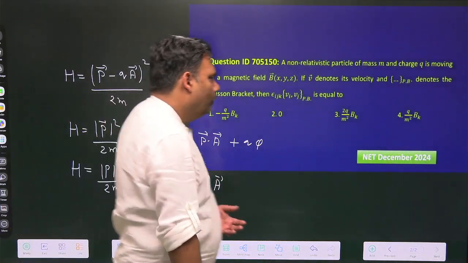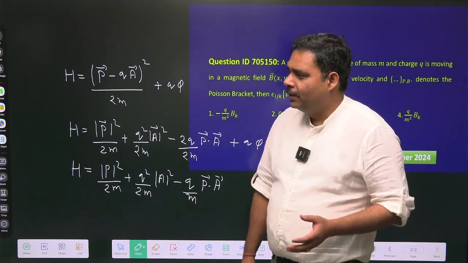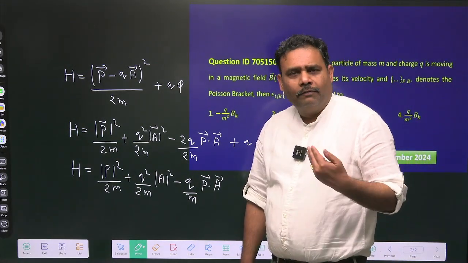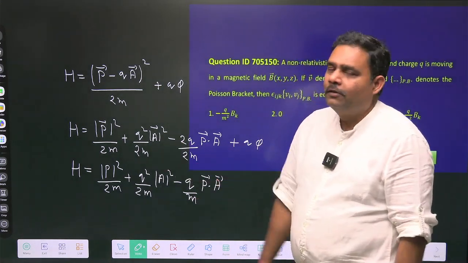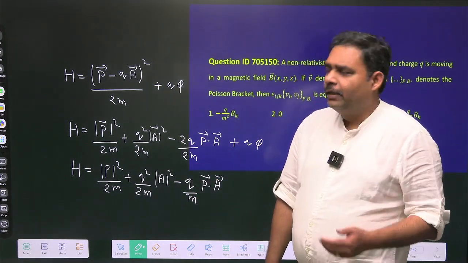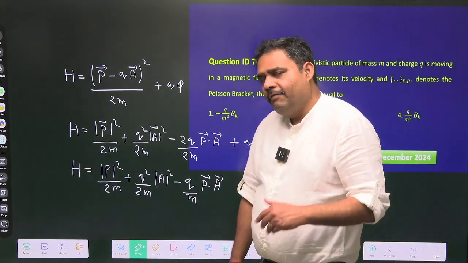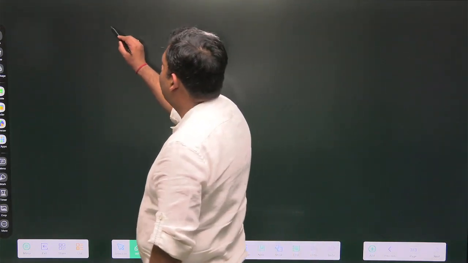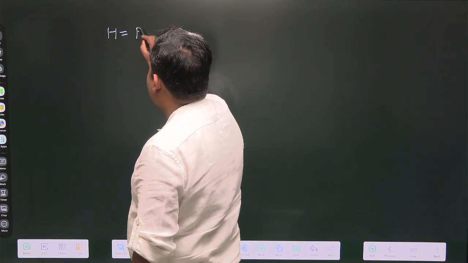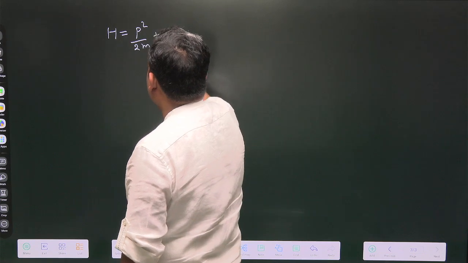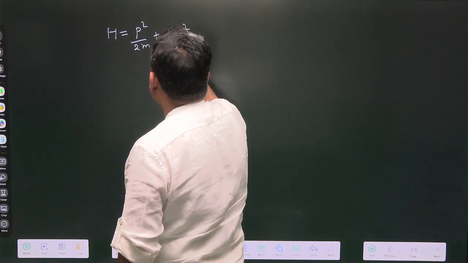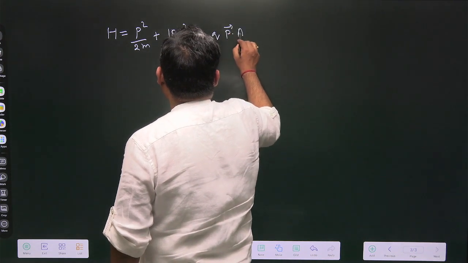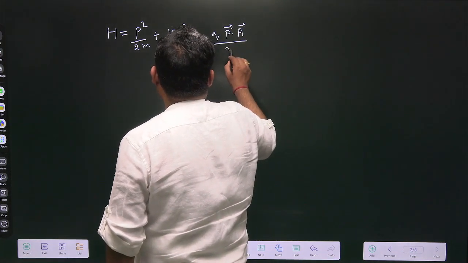First we will try to figure out what x dot, y dot, and z dot are. We can go for the Hamiltonian equations of motion and find x dot, y dot and z dot, and then go to the next level. The Hamiltonian is P squared upon 2m plus mod A squared upon 2m minus q P dot A by m.